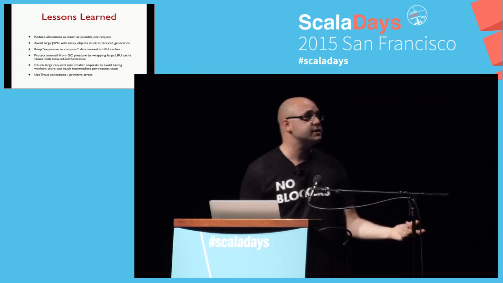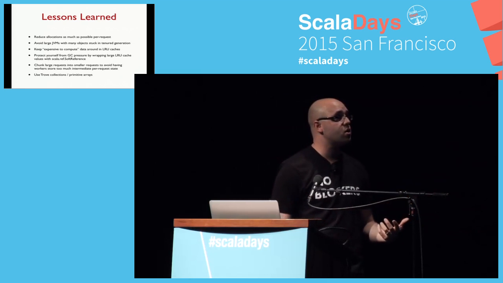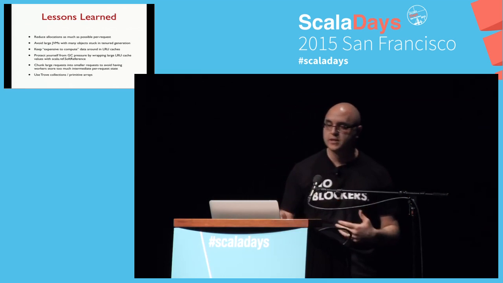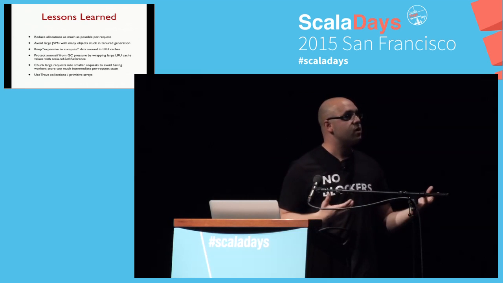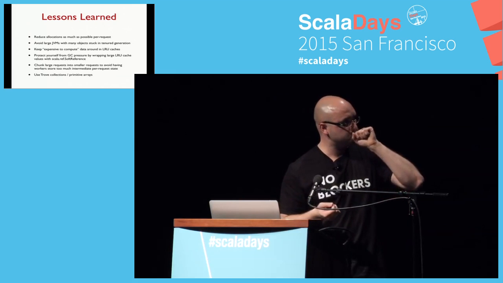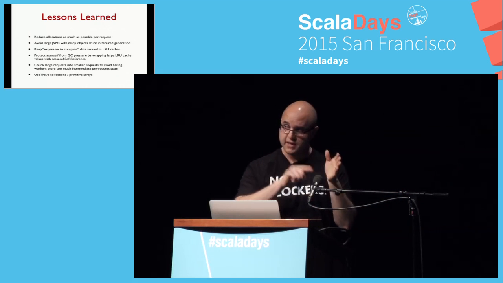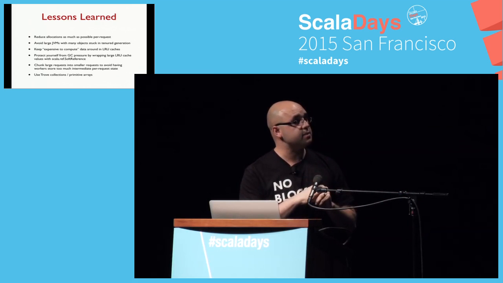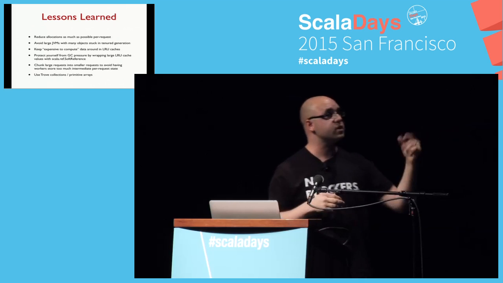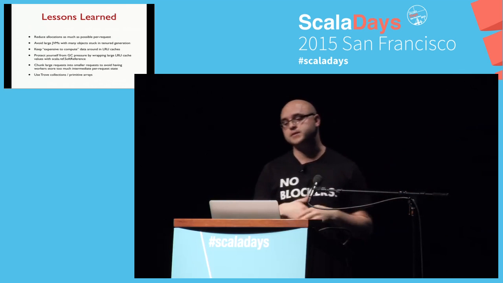We also found that Scala collections are really great. It's really nice to be able to do filter, flat map, for each, et cetera. But in particular, for the data structures that we use to store some of these facet indices, it ends up being a little bit more efficient from a memory standpoint to use trove collections or even just drop down to primitive arrays.